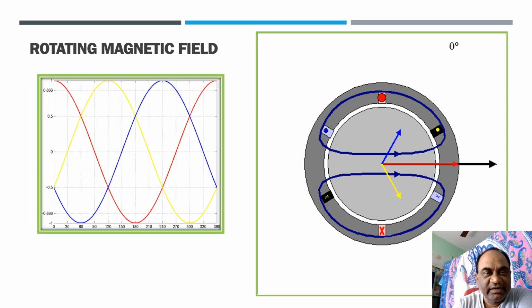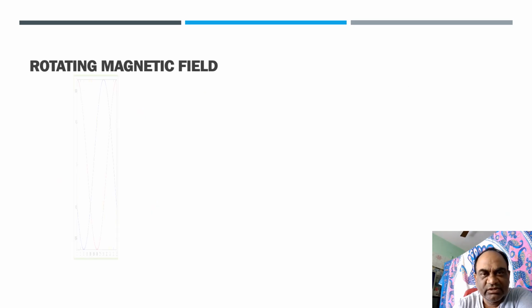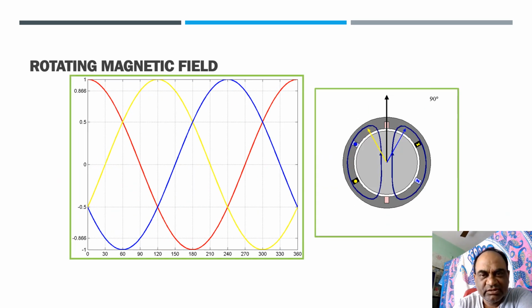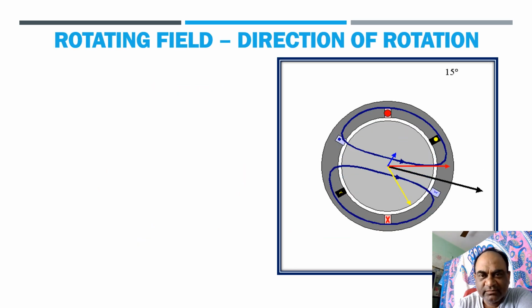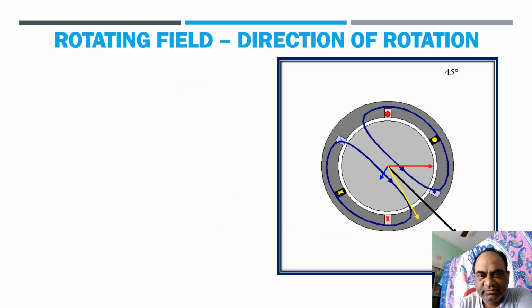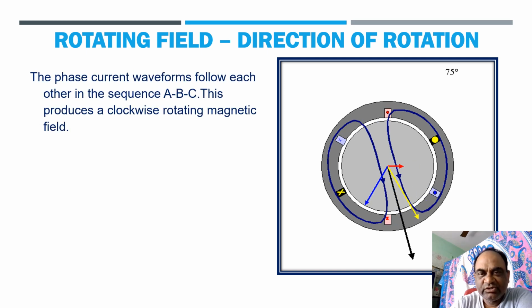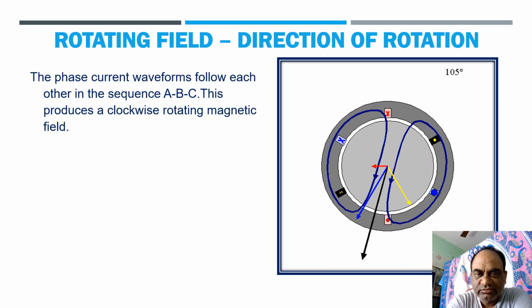The rotating magnetic field is created with the help of the three-phase supply that I'm going to show you in the subsequent slides. Here is the three-phase supply, and it seems to be rotating. As you can see in the picture here, this rotating magnetic field has been shown.